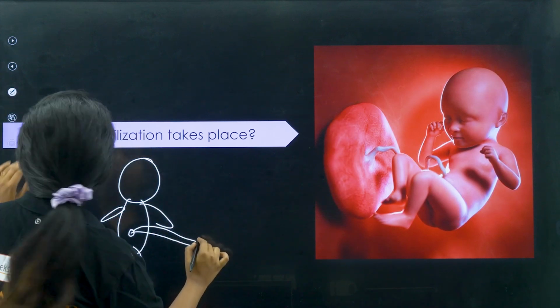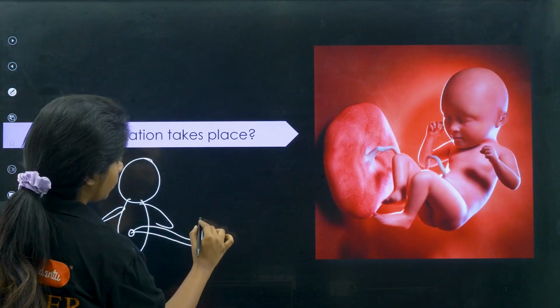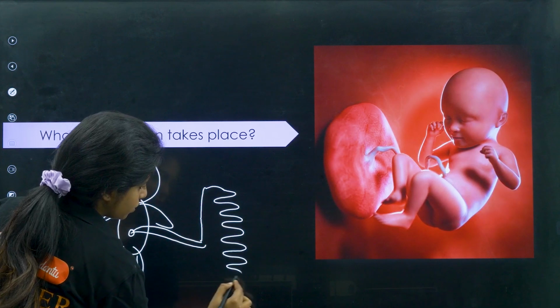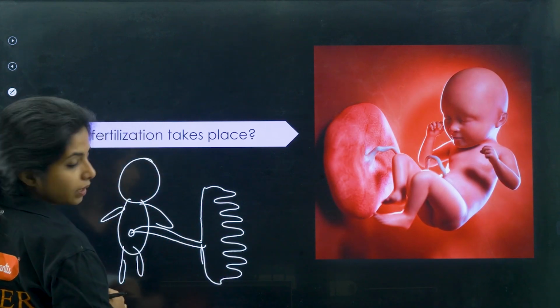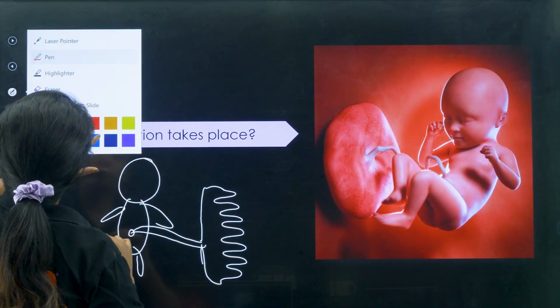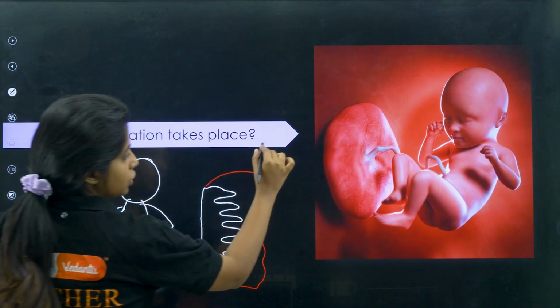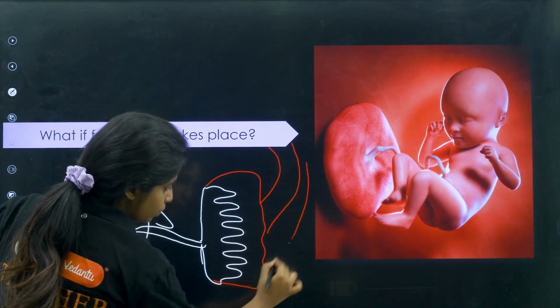There's a structure being formed over here which has certain finger-like projections like this. Now, listen to me very carefully. Around it, there are blood-filled spaces like this also, which are receiving blood from the mother's blood vessels.